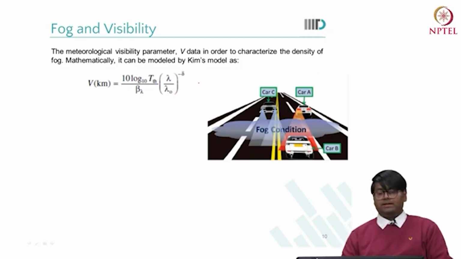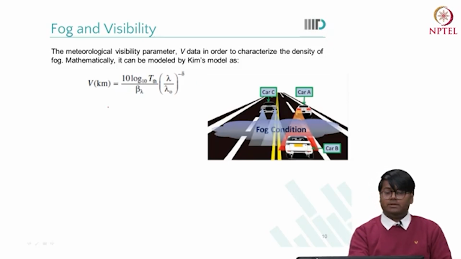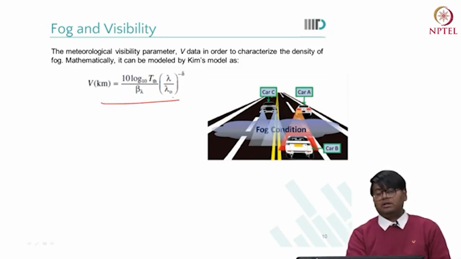Now mathematically the visibility parameter can be modeled by Kim's model and it is given by this particular equation. In this equation we have beta lambda, which is nothing but your atmospheric attenuation coefficient, and Th is your visual or transmittance threshold.